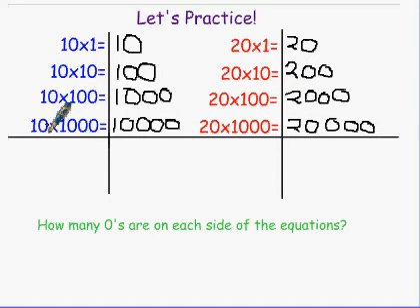And on the last one, I've got 1, 2, 3, 4 zeros in my problem, and 1, 2, 3, 4 zeros in my solution. The same follows for my 20 times 1 side and 20 times 10. The zeros on both sides are the same.